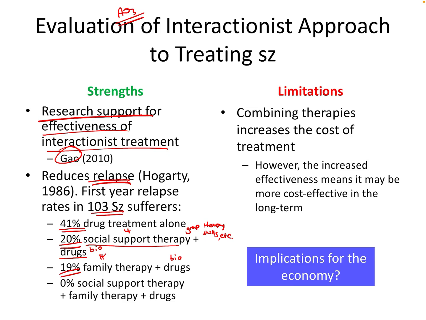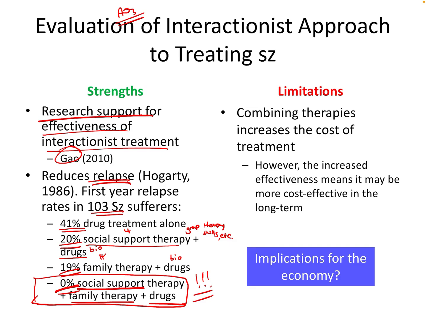And when a combination of all three types, social therapy, family therapy, and drugs, the risk of relapse in the first year is 0%. So this tells us that a combination of social, psychological, and biological treatments is most effective in preventing relapse in the first year of schizophrenia, in schizophrenic sufferers. However, just one thing to be mindful of here, this is only in the first year.